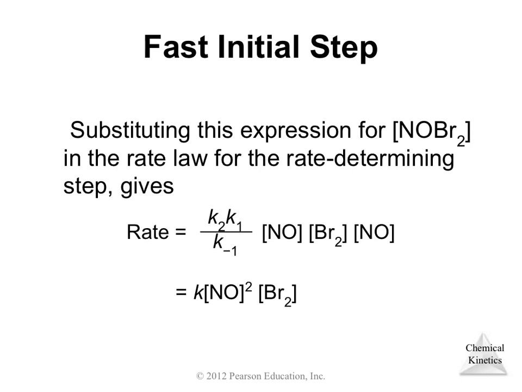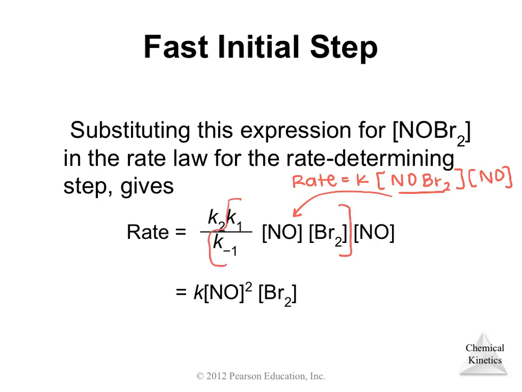So where we had our rate law of rate equals k NOBr2 NO, and this was the one we needed to get rid of, we can plug in for that our expression from our fast step.